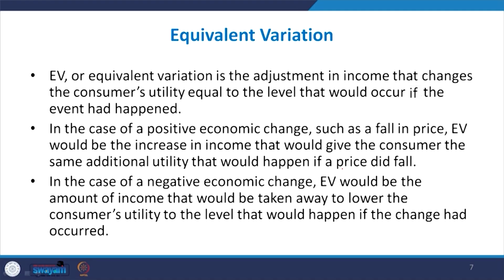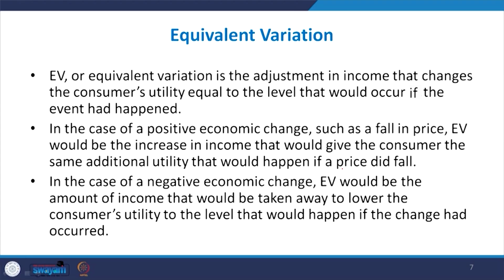In the case of a positive income change, such as a fall in price, equivalent variation would be the increase in income that would give the consumer the same additional utility that would happen if the price did not fall. So, in our example, if the price of x did not fall, and the consumer wants to consume at U1, how much additional income is required, that is called equivalent variation.